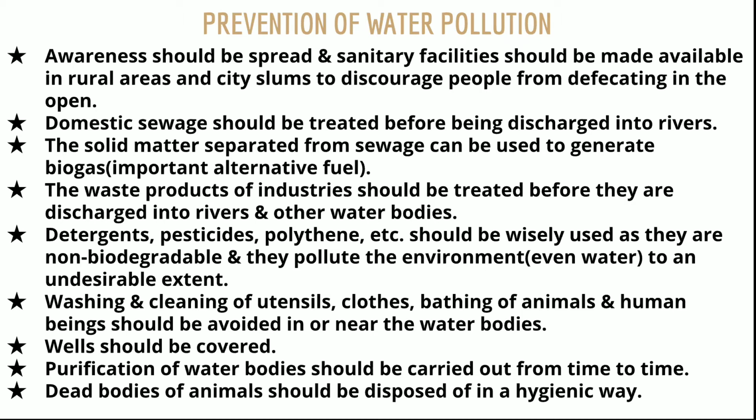The waste products of the industries should also be treated in plants before they are discharged, so that the final discharge is free from pollutants and can be released into rivers and other water bodies.